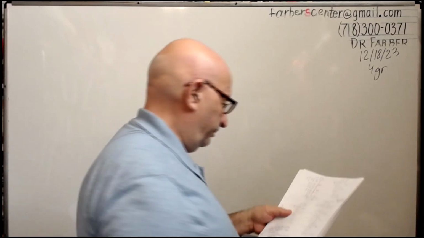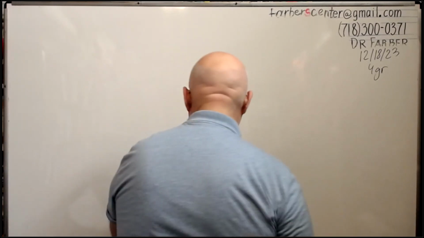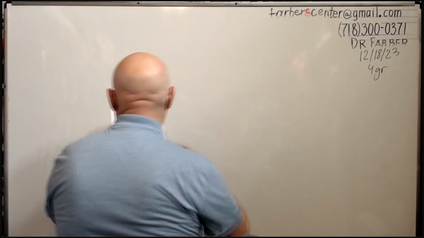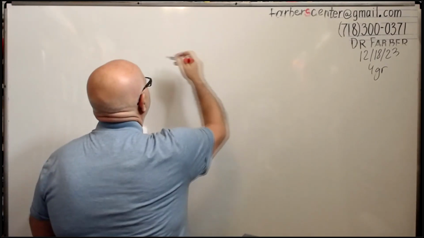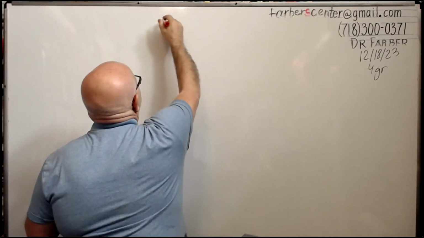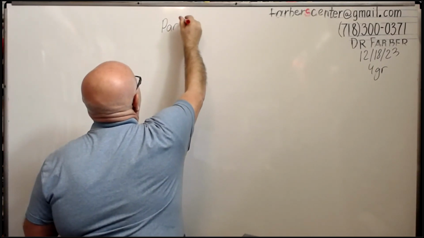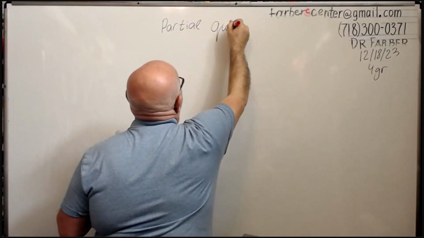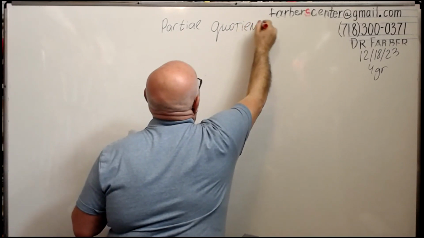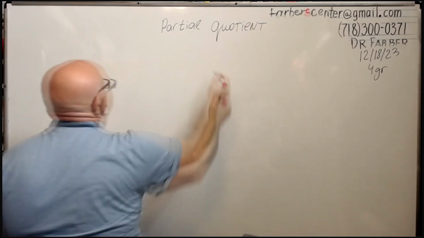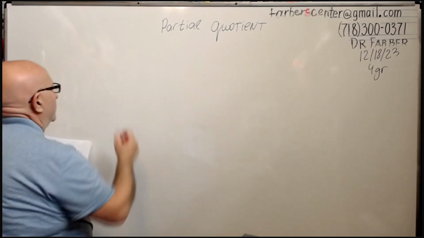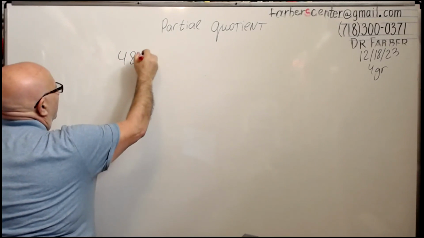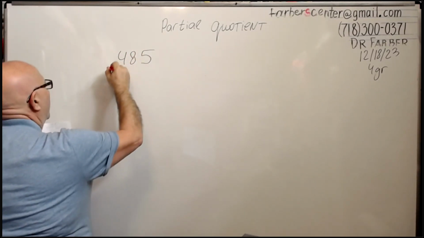For instance, I have the number 485, partial quotients. I write 485 and I'd like to divide it by 3.